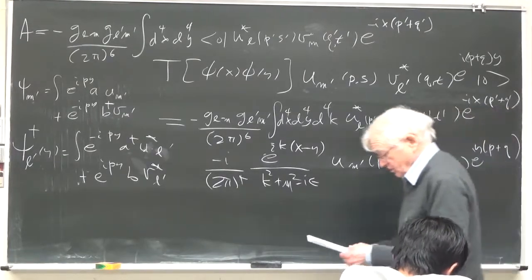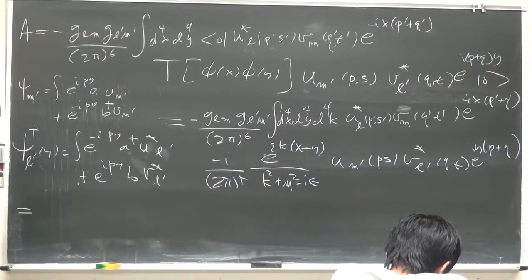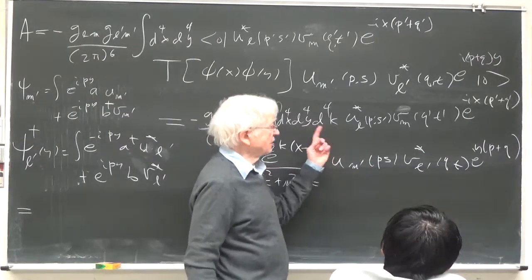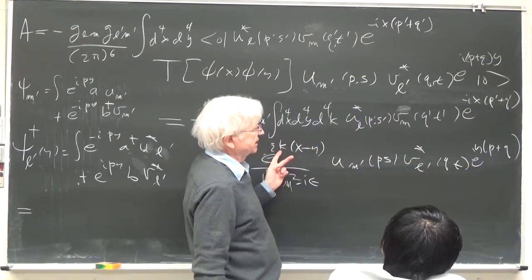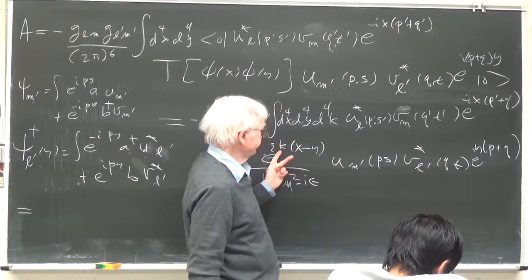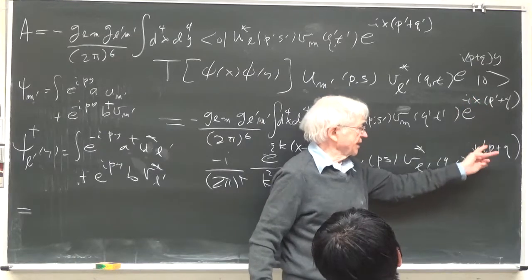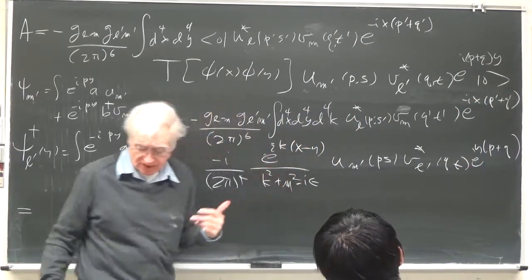All right, so if we put all this together, notice that x and y occur only in the exponents, and there are 3 exponents altogether. One exponent just has x, one exponent just has y, and then the propagator exponent has x and y.